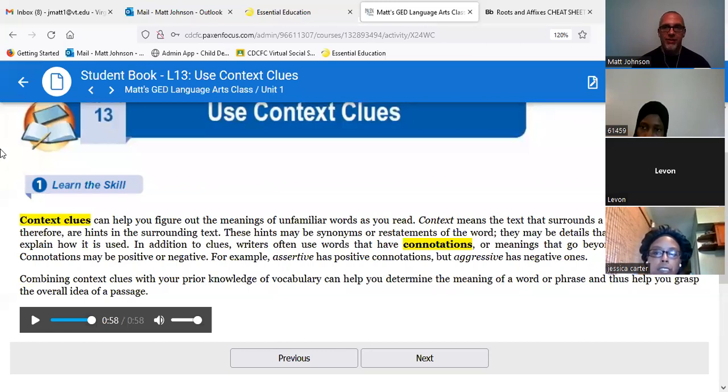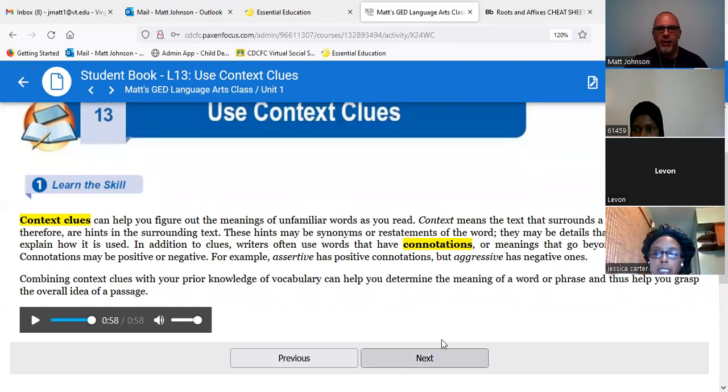Aggressive, though, which has a very similar meaning, has a negative connotation to it. Being assertive might get you a promotion. Being aggressive, right, might be seen as a poor trait. If you're overly assertive, then you might be too aggressive. And again, we will talk about style and tone down the road.